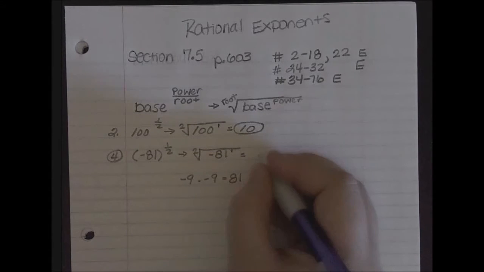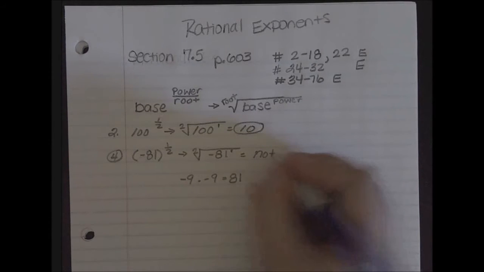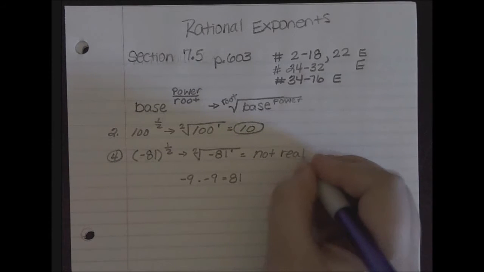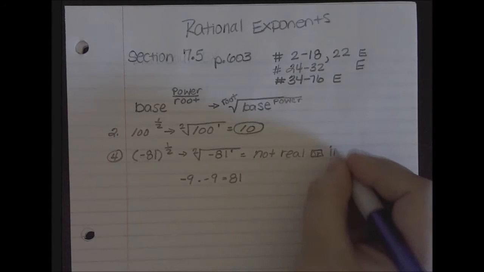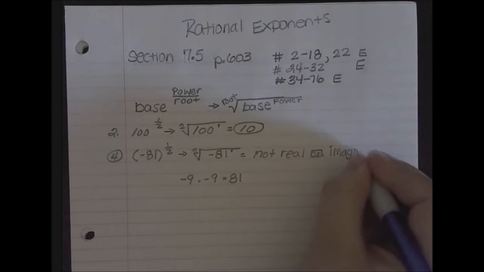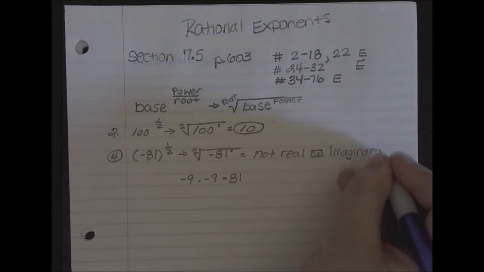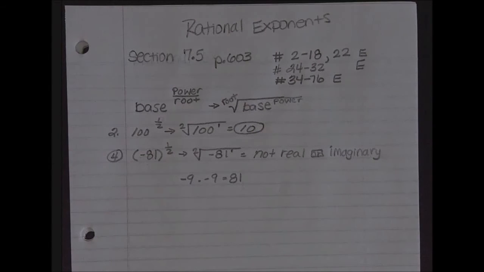So your answer for this problem could be one of two answers. You could either write not real, or you can write imaginary. Either answer is perfectly fine with me.